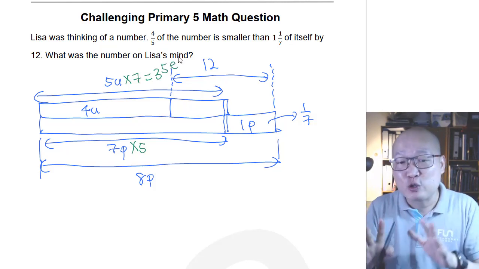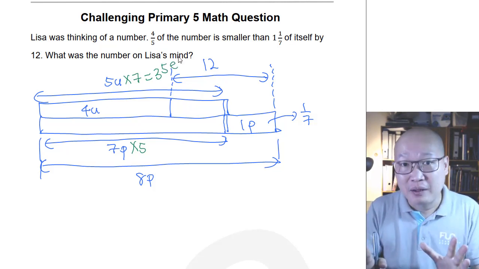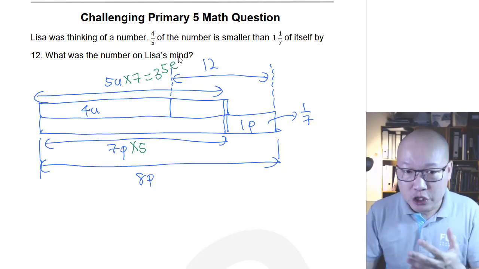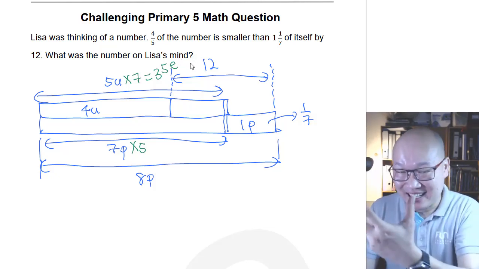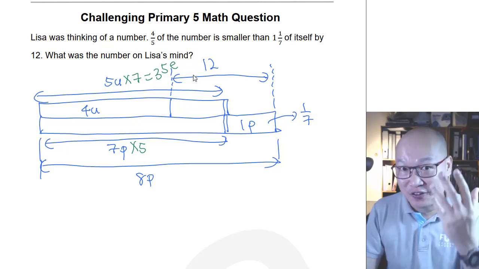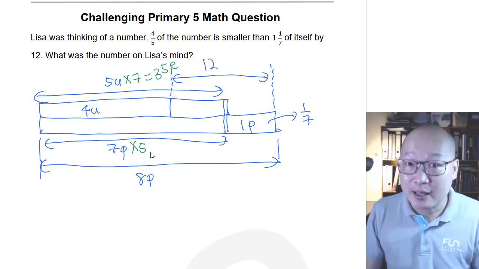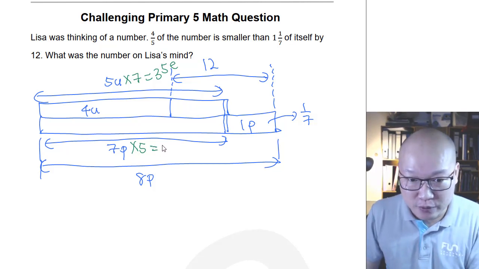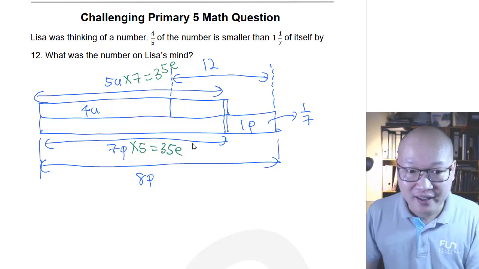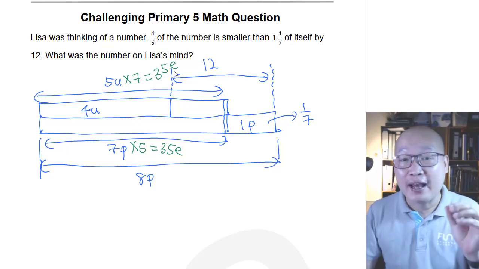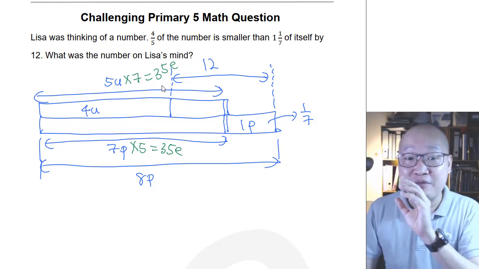Why didn't I use S? Because S looks very much like 5. So I'm going to use E instead, the second letter of the word sets. So 35 sets, and here will be 7 parts times 5 will give us 35 sets as well. And you notice that for the units, all we have to do is times 7 to become the number of sets.